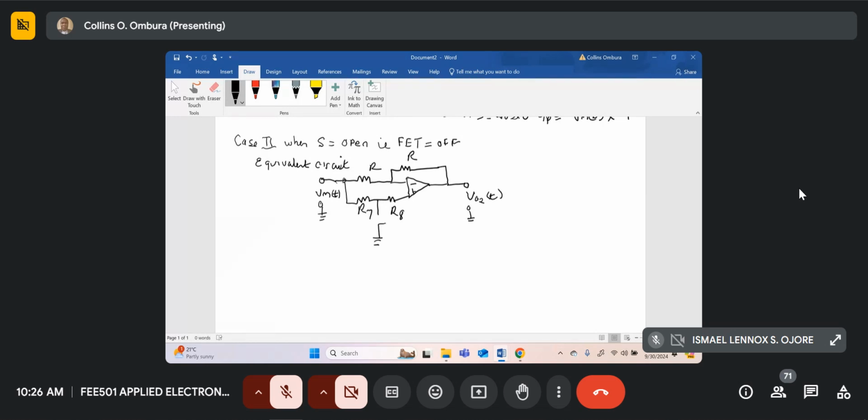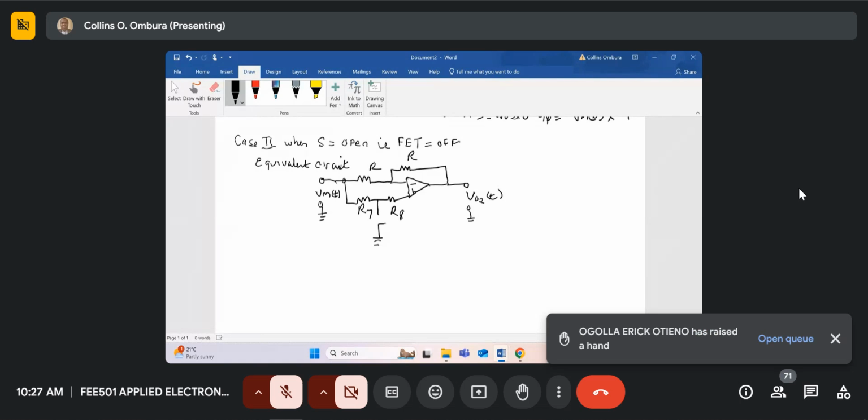Okay. So for us to solve this one, we know that the op-amp is a linear device, is being operated in its linear region. So we can simplify the input of this circuit to have two sources.